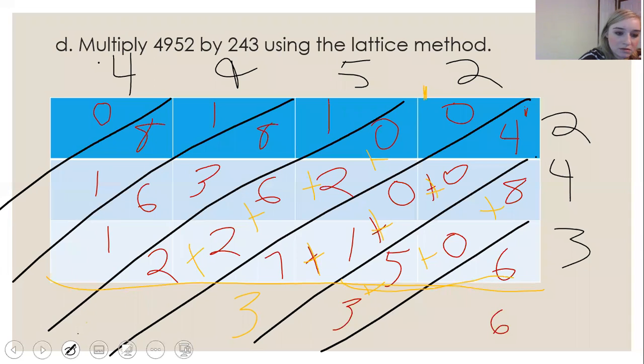Whoops. Carry the 1. And then we have 1 plus 6 plus 3 plus 8 equals 20.